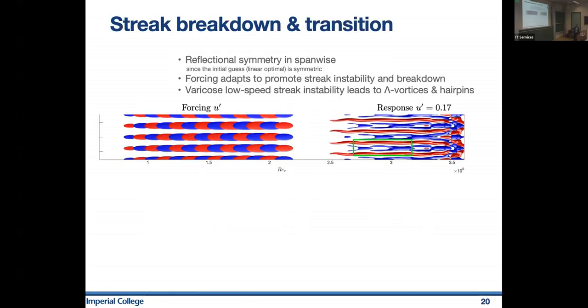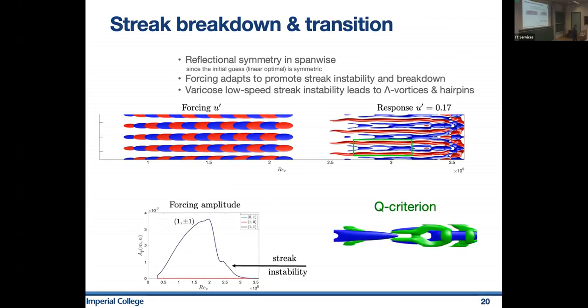This is a picture as it comes out of the optimization, optimal forcing on the left, optimal response on the right. And we can see these lambda-shaped structures, low-speed streaks actually forming and breaking down. So the forcing amplitude actually has adjusted to trigger also a symmetric, here varicose type of streak instability.